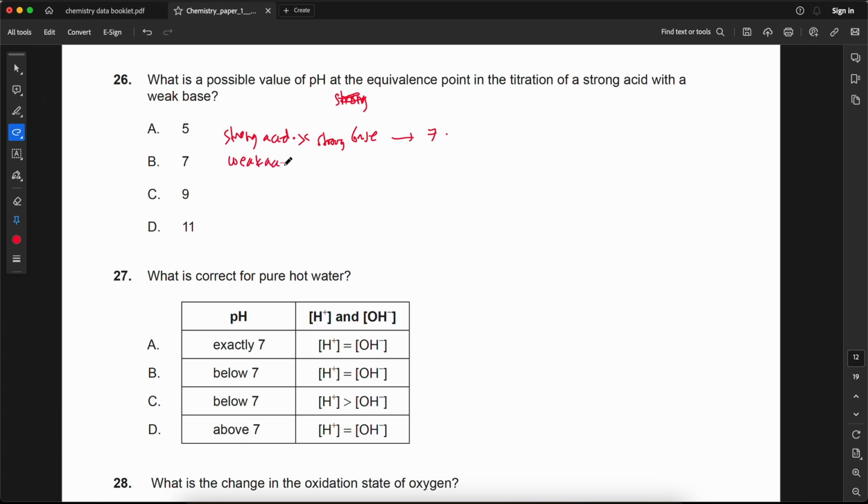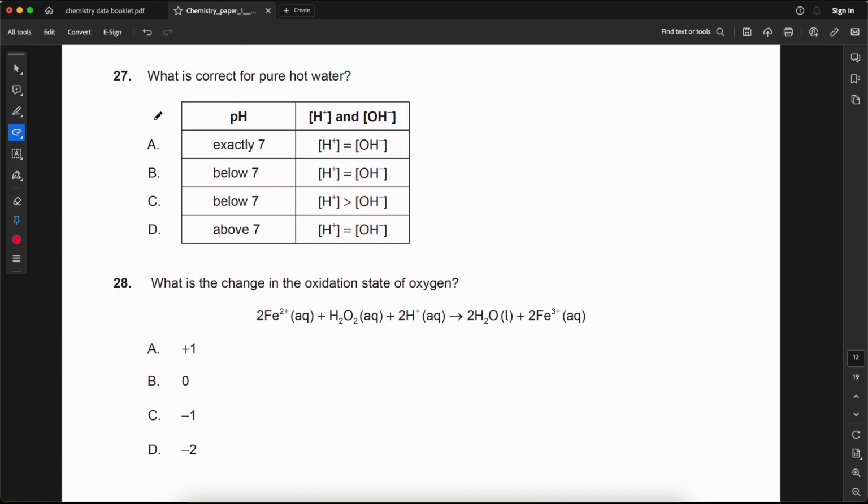Weak acid, strong base, it's bigger than 7, around 8 to 11. If it's strong acid versus weak base, that would be below 7, so we can say it's around 5.